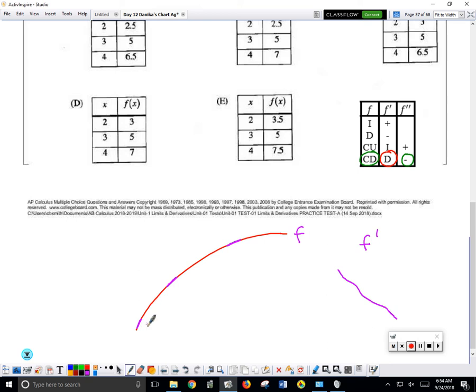Like this might be a tangent slope of 10, and this would be maybe 8, maybe this is 5, something like that. So the D has both meanings, and you've got to make sure you have that memorized so that when you see Danica's chart, which you have memorized, that thought just comes to mind again.